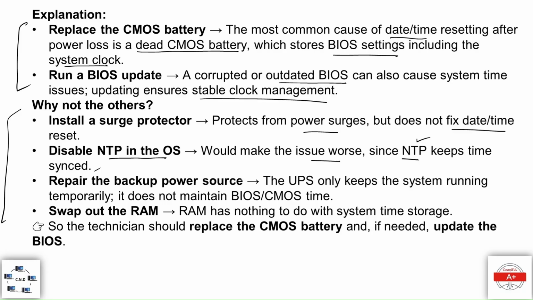Repair the backup power source: the UPS only keeps the system running temporarily. It does not maintain BIOS or CMOS time. And swap out the RAM: RAM has nothing to do with system time storage. So the technician should replace the CMOS battery and, if needed, update the BIOS.